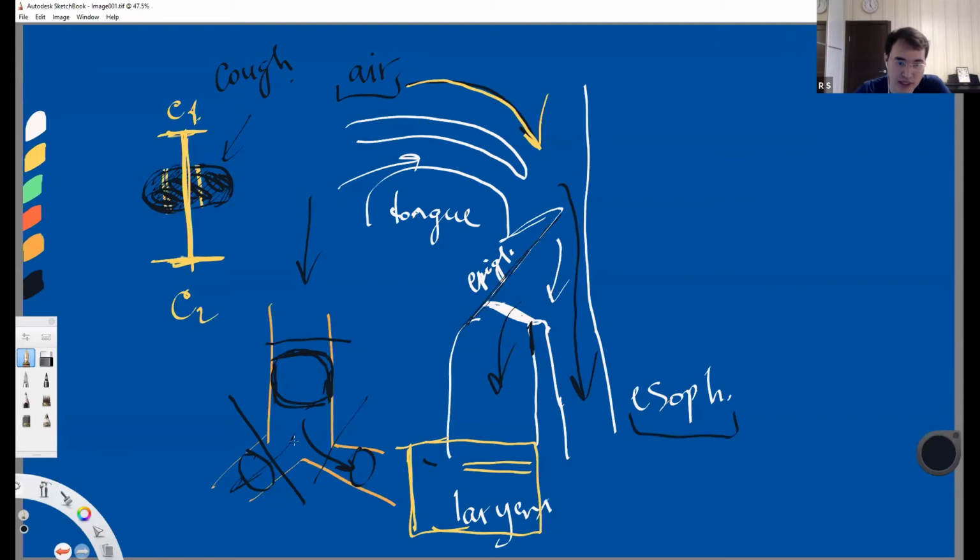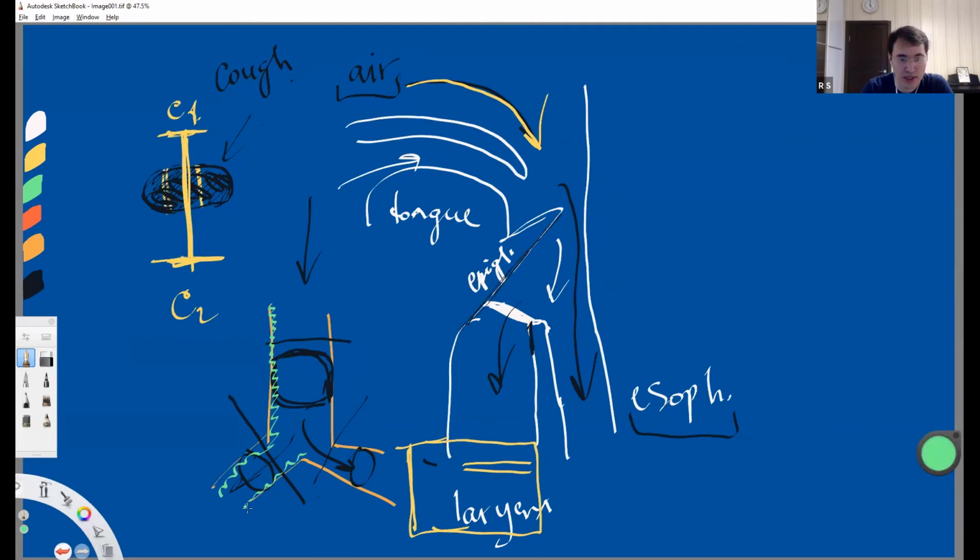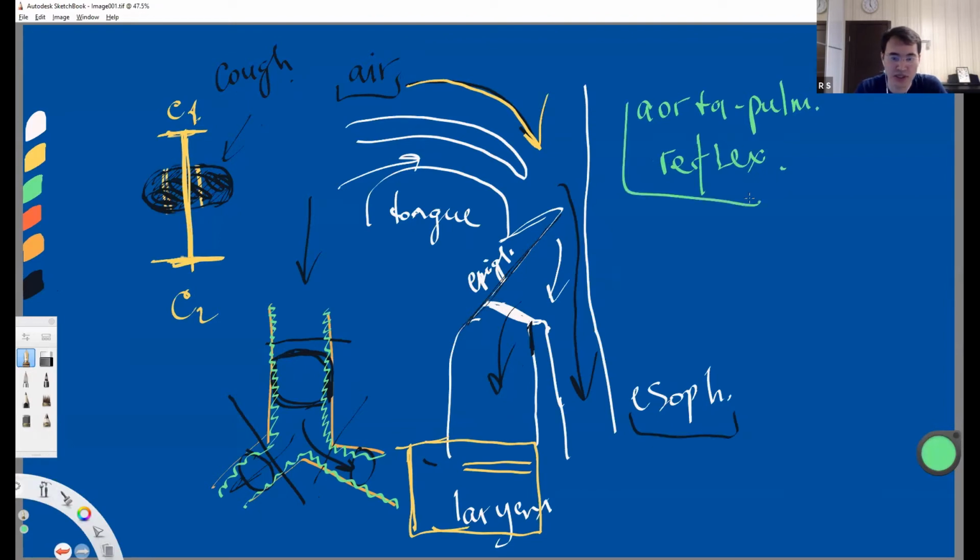And what else might happen? The innervation of our trachea and bronchi is quite rich, and sometimes it can cause, I guess it's called, the aorto-pulmonary reflex, and this reflex stops the heart from beating.